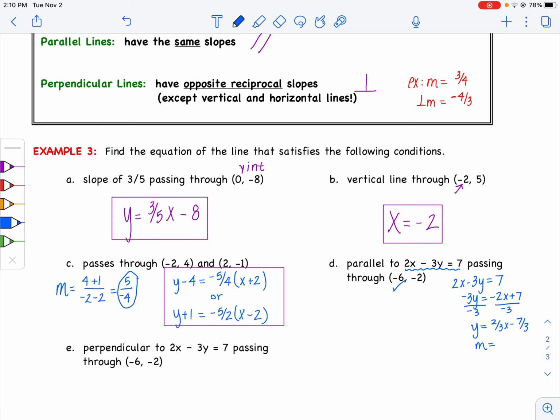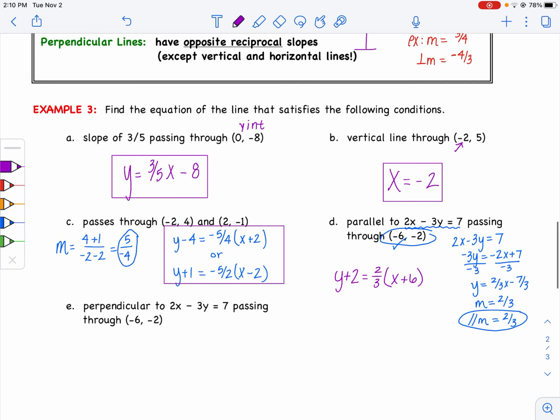I'm doing this to find my slope, my m value. Well, the slope here is 2 over 3. Since it wants parallel, I'm going to write my diagonal lines, parallel slope is still going to be 2/3. It's going to be the same. I'm going to take this slope with this point and plug in to point slope. Y plus 2 equals 2/3 x plus 6.